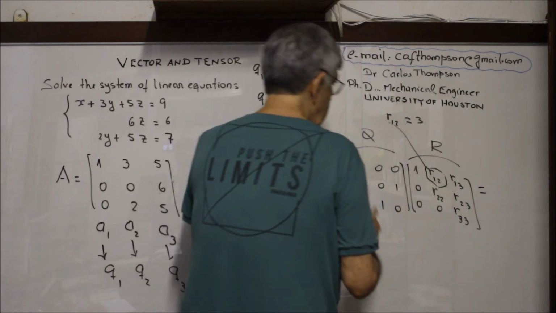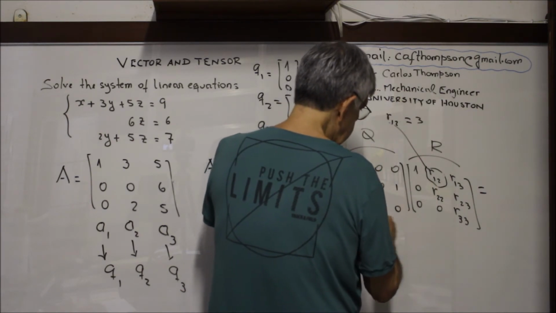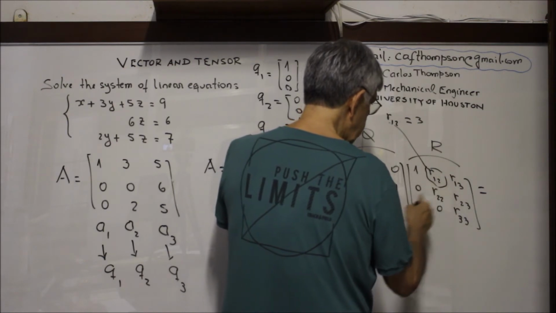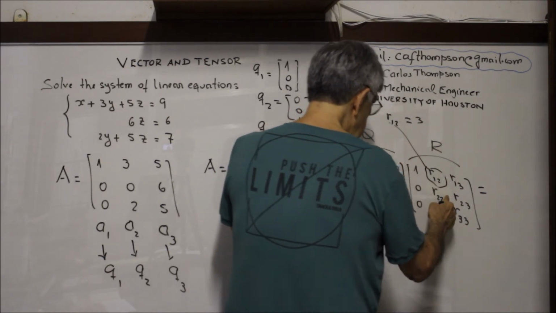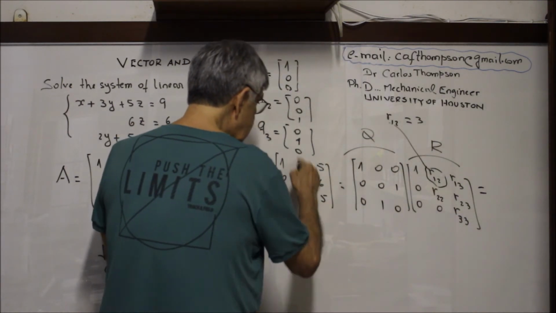It's okay. Now, third row, second column: 0 times R12 is 0, plus R22.